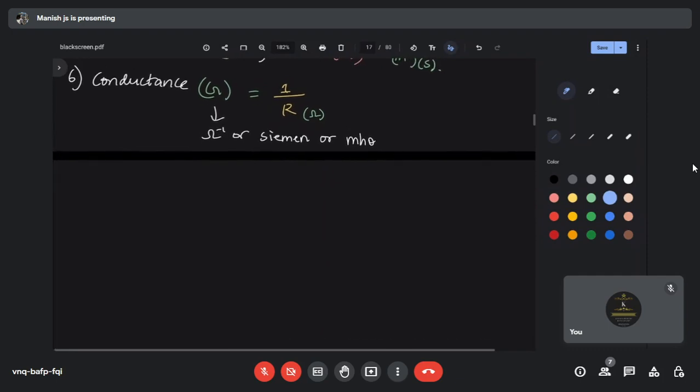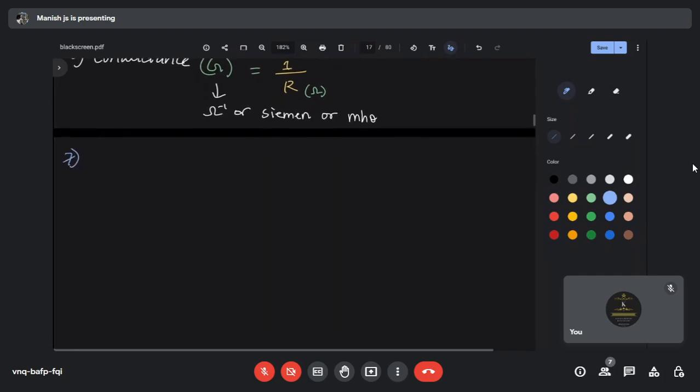Then moving on. Then we have drift velocity. Drift velocity of the electrons in a conductor.